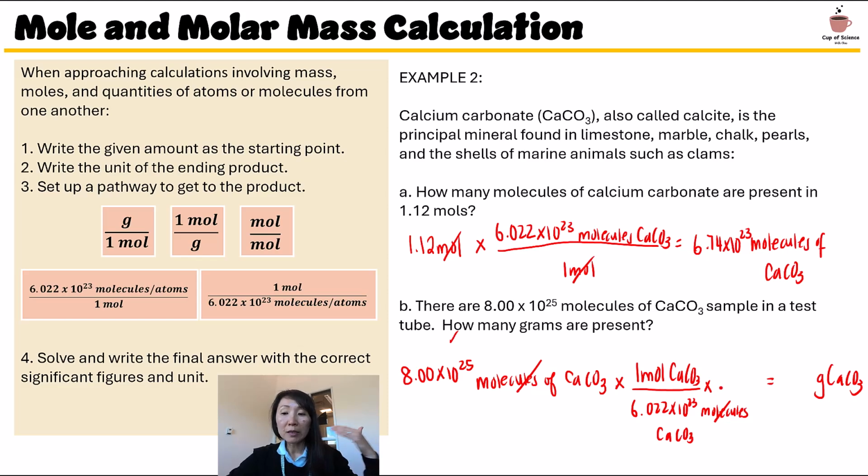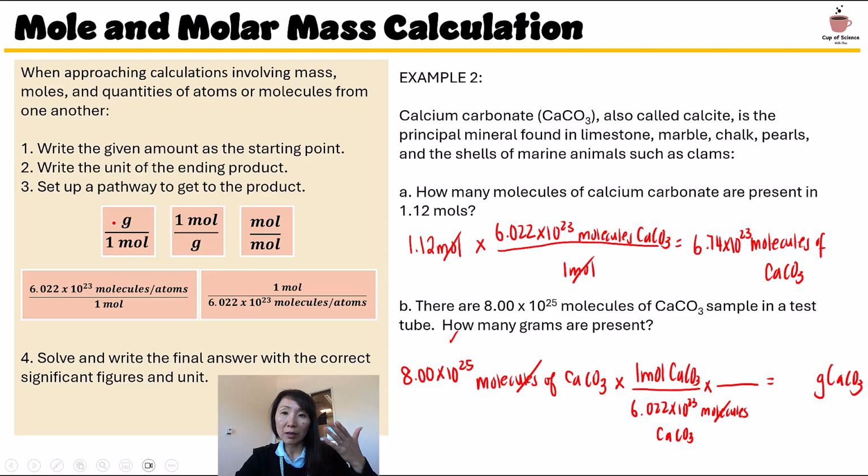Now, I still need one more step, okay? I need one more stepping stone to get to the grams, because right now it's on moles. So from moles to grams, you can see the mole on the bottom. Our options are the first one and this one and this one, but we want the one with the grams on it since we want grams left over, so we're going to go with this one. But you see that there is a missing portion here.